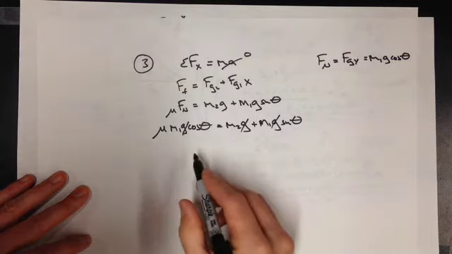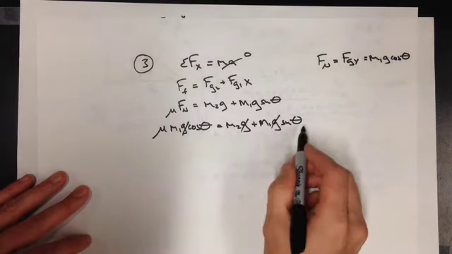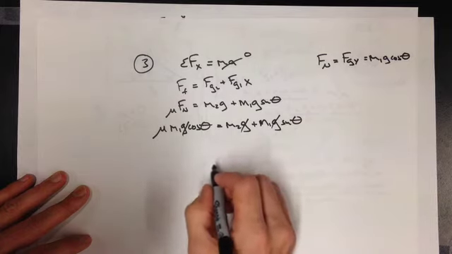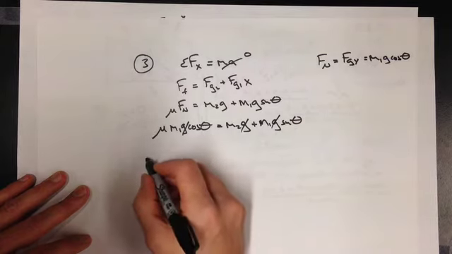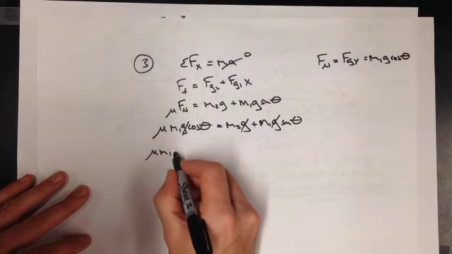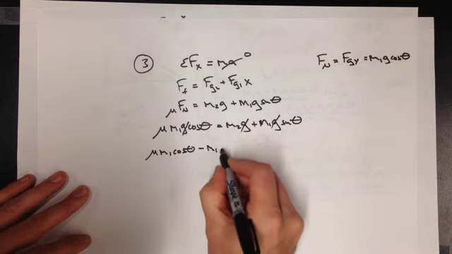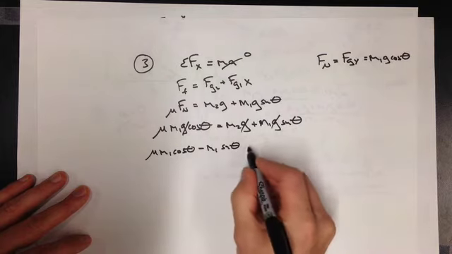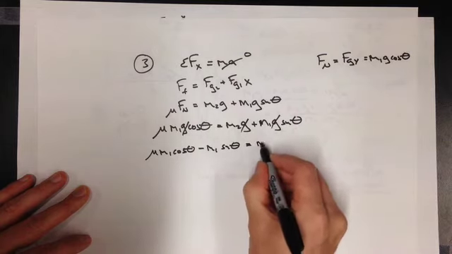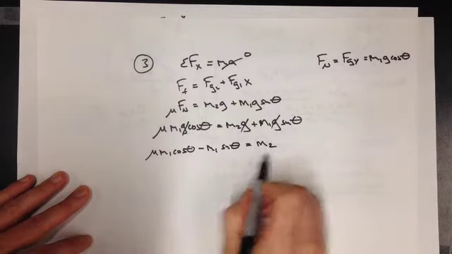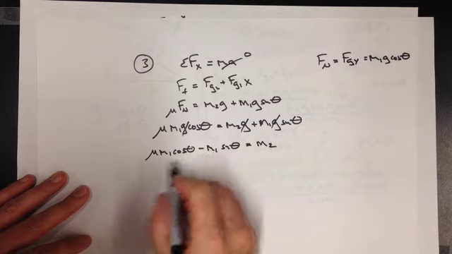So let's isolate m1. Let's pull m1 onto one side and m2 onto the other. So we have mu m1 cosine theta minus m1 sine theta is equal to m2. It'd be nice if we were solving for m2 at this point, but we're trying to isolate m1.